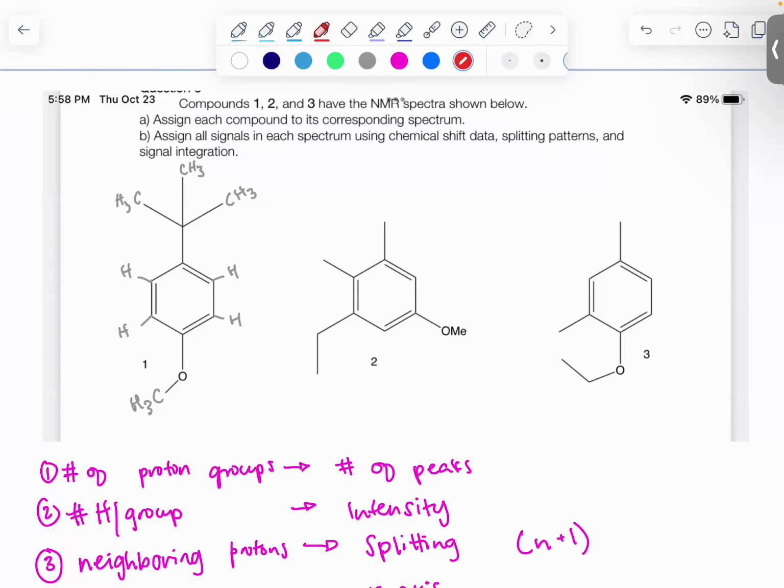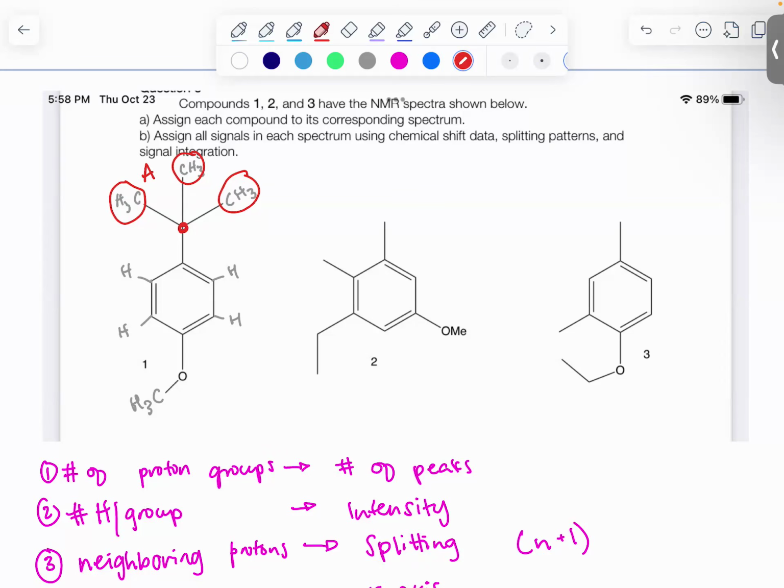So all of these methyl groups are identical. They all see the exact same view of the rest of the molecule, and so they actually make up one single proton group.